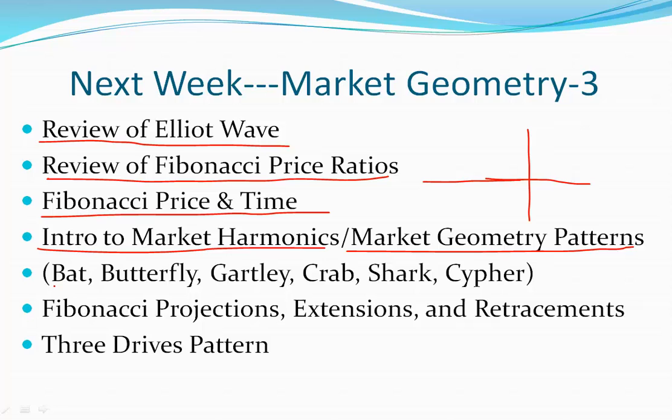All right, so the bat, the butterfly, the Gartley, the crab, the shark, the cipher, these are all what they call harmonic patterns that were developed by a couple of people. You have Bryce Gilmore. It originally started with H.M. Gartley in a book he had, and in that book it was page 222. So they called that the Gartley pattern because he figured that if the market did something like this, it had a pattern.